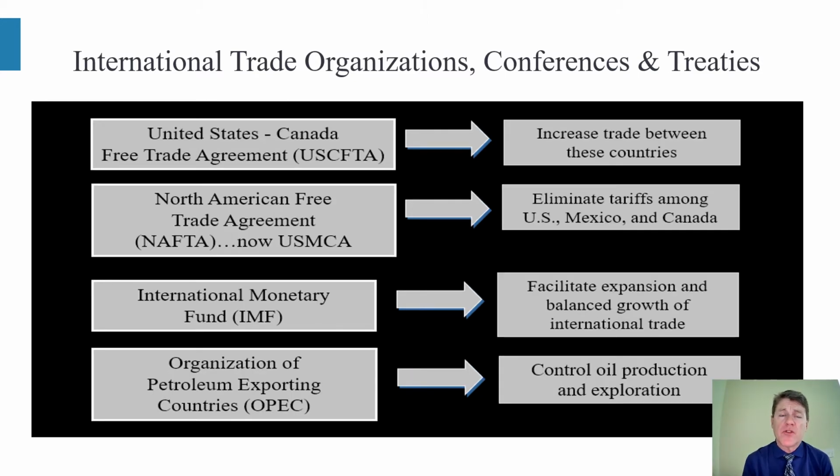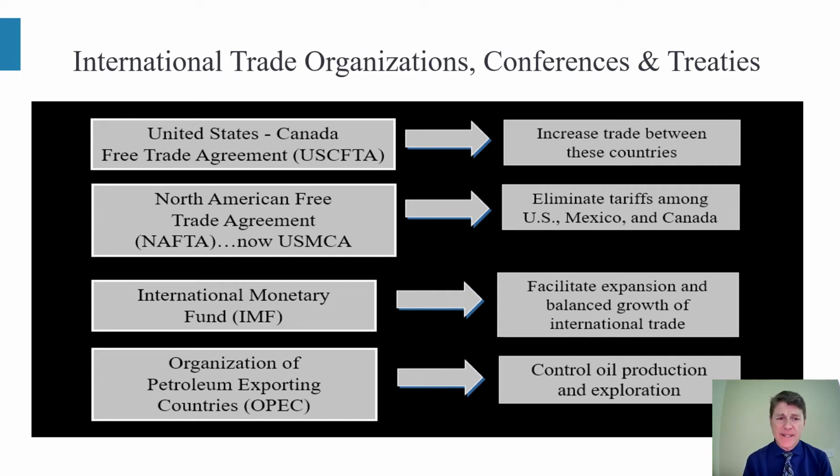Speaking of the free trade agreement here in North America, originally the free trade agreement existed just between the United States and Canada. That was the US CFTA. And again, with any type of union or free trade agreement that's based on a region of the world, the idea is that we're trying to increase trade for whatever countries are members or signatories to that agreement.